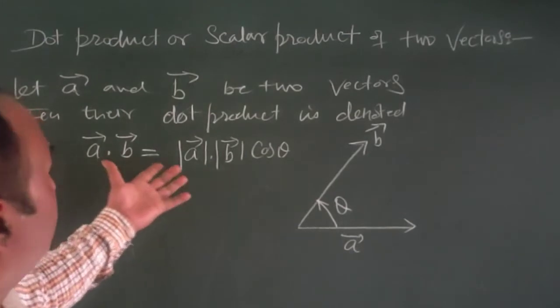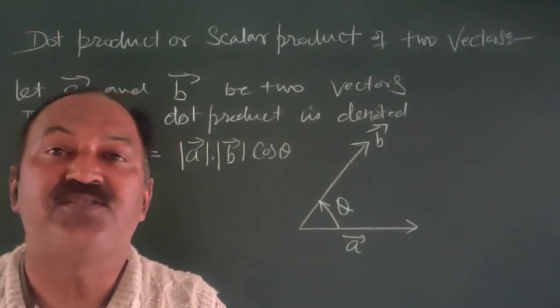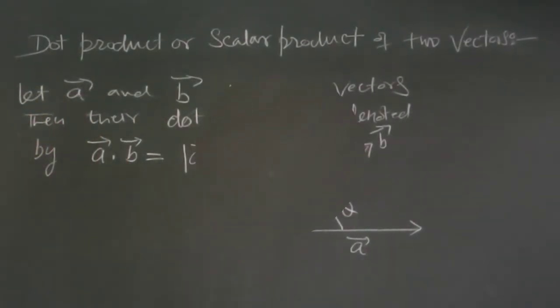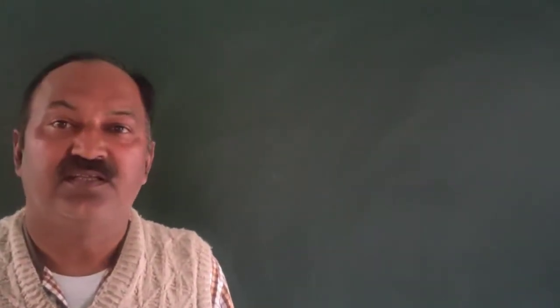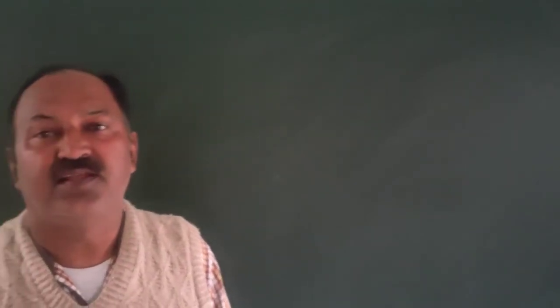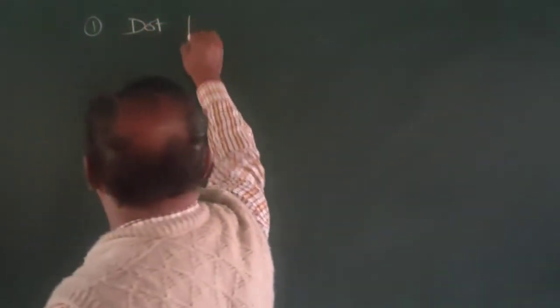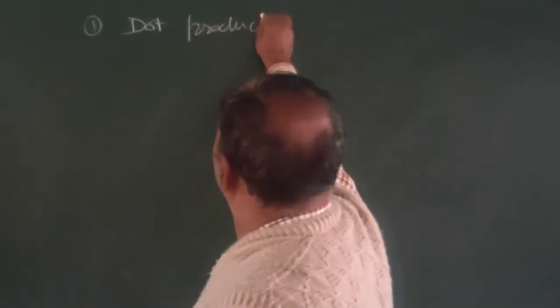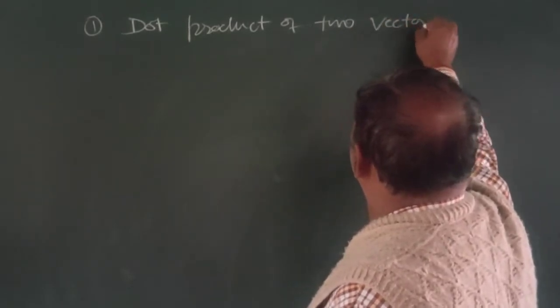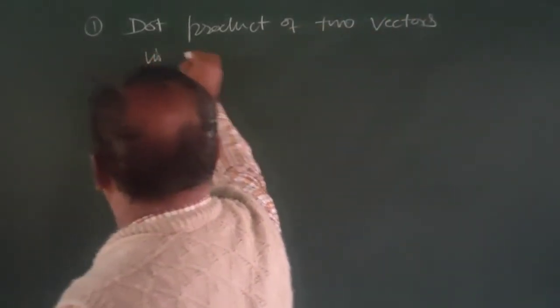Now let us discuss some properties of the dot product of the two vectors. अब बच्चों हम डॉट प्रोडक्ट ऑफ द टू वेक्टर्स की प्रॉपर्टीज करते हैं। तो पहली प्रॉपर्टी, डॉट प्रोडक्ट ऑफ द टू वेक्टर्स is always commutative.